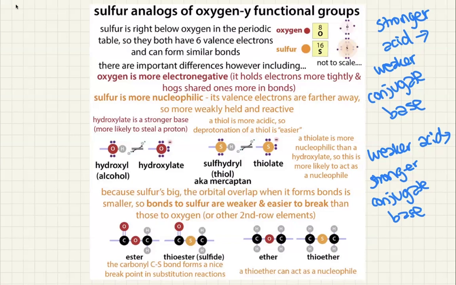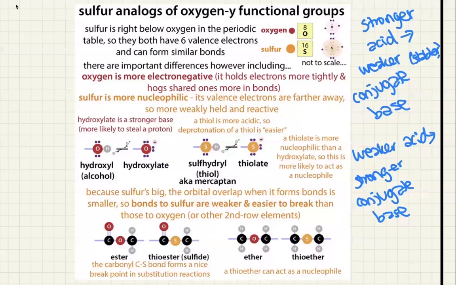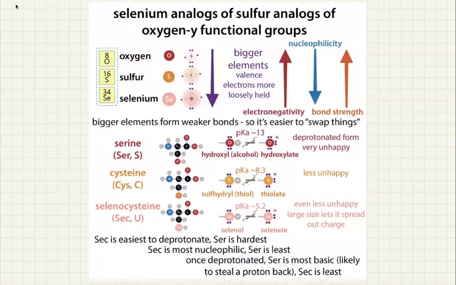So basically what's going to happen is the sulfhydryl group is going to be a stronger acid because it has that stabler conjugate base. So if you think of weaker, think stabler, more stable. It's more stable in that conjugate base form, so it's less likely to go and steal a proton. And so it's going to be happier. And what we're going to see is that we're going to have a lower pKa.